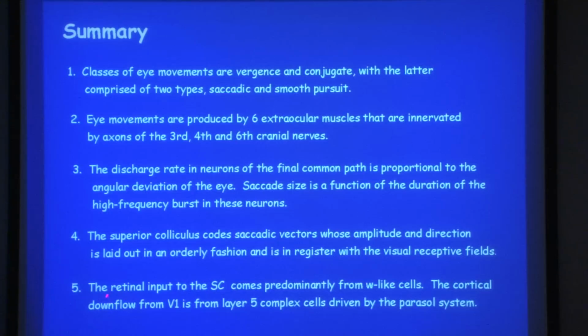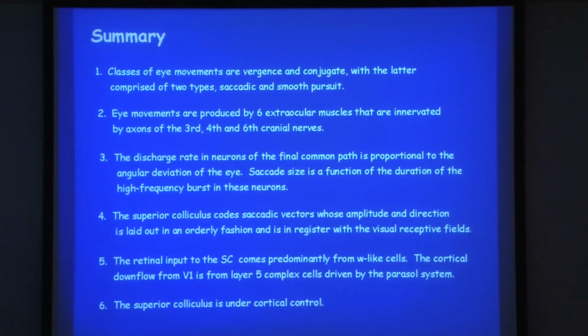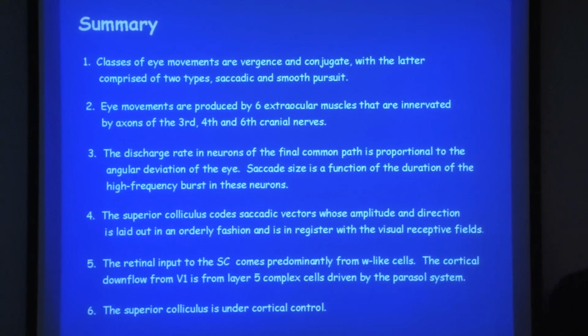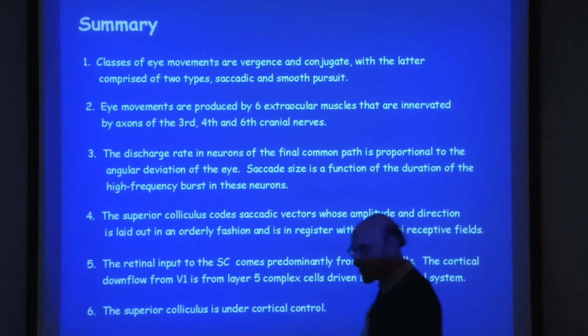All right, and then the retinal input to the superior colliculus comes predominantly from W-like cells, but the cortical downflow from V1, which comes from layer 5, is driven by the parasol system. But we should not neglect the fact that there are other pathways through which the midget system can also make maybe a more limited contribution in generating eye movements.